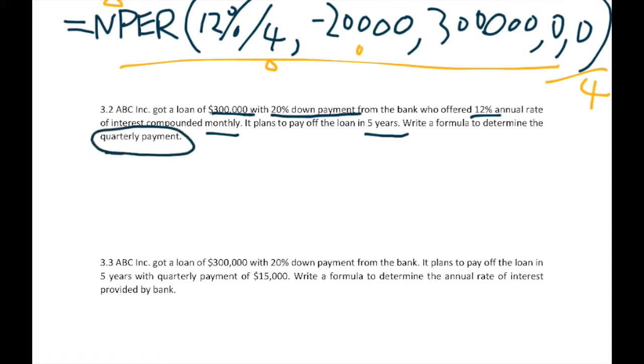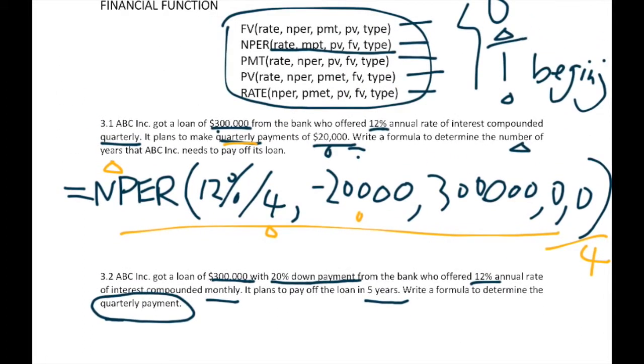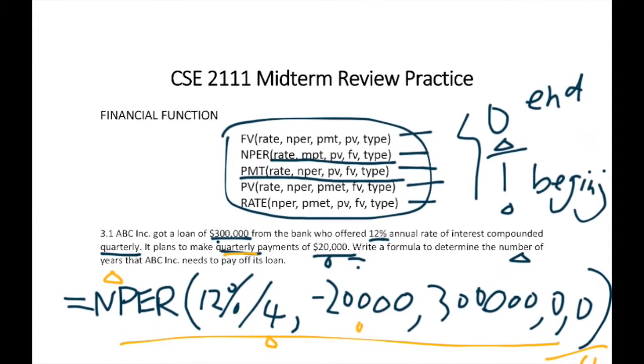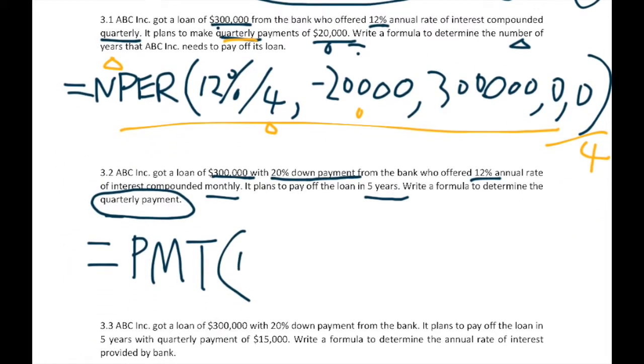Now this is the periodic payment, so we want to use the function PMT. So equal to PMT. The first part is rate. The rate is the same, 12%, and divide by 12 because it's monthly.